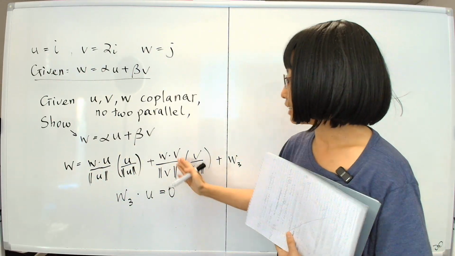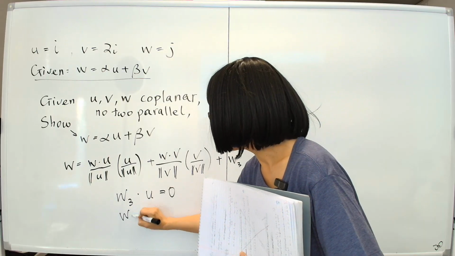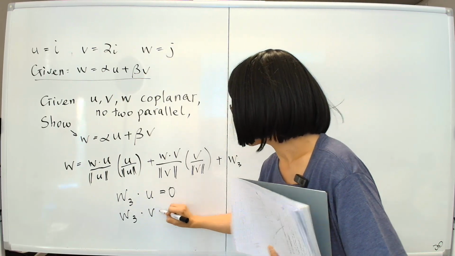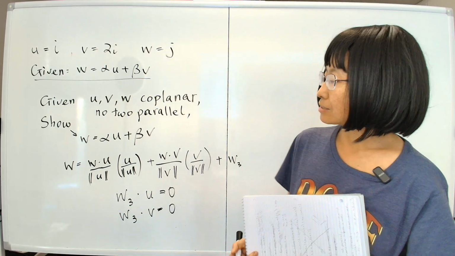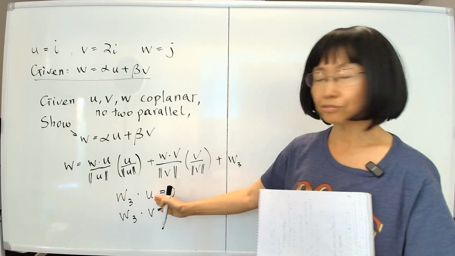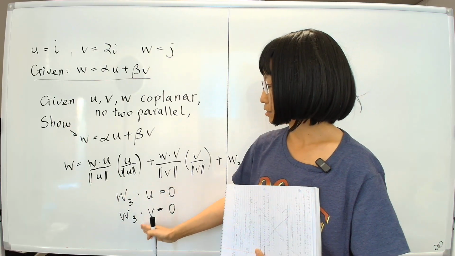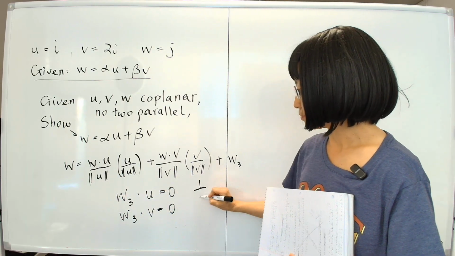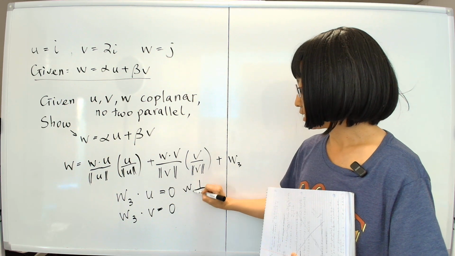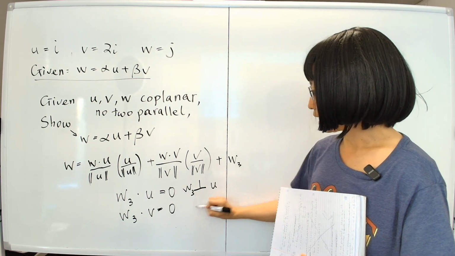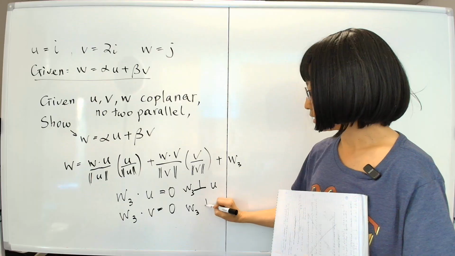And similarly, W3 dot V is also 0. What that means is W3 is perpendicular to U, and W3 is also perpendicular to V, okay?